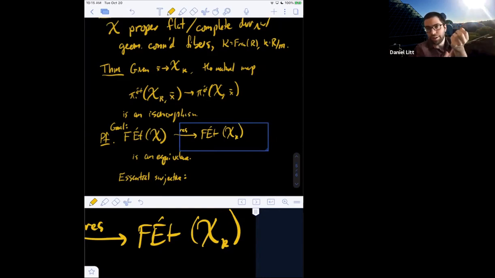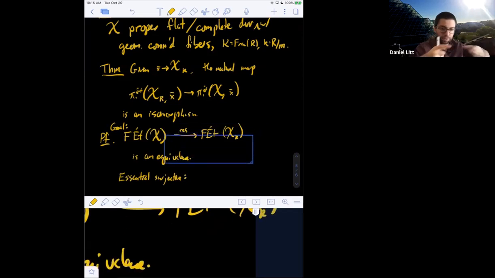So X over a DVR is like a family of varieties over a disk. In that situation, the family will retract onto the central fiber. In topology, if you have a nice family over a disk, it's going to be homotopy equivalent to the central fiber, as long as you take the disk sufficiently small.